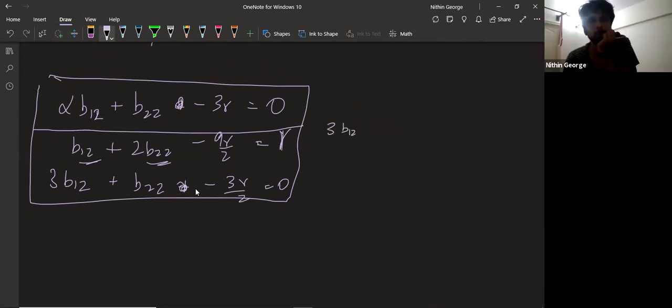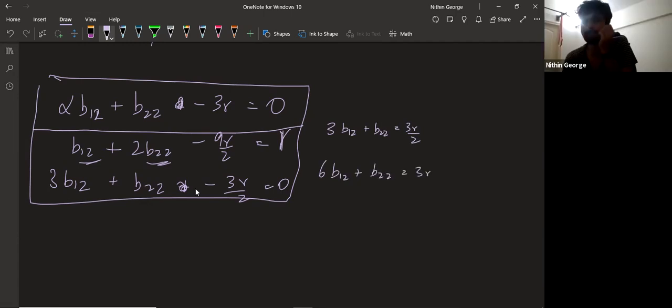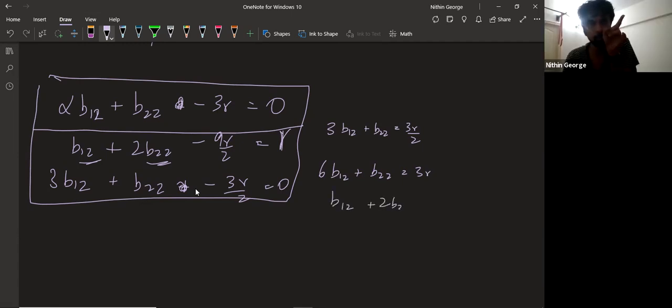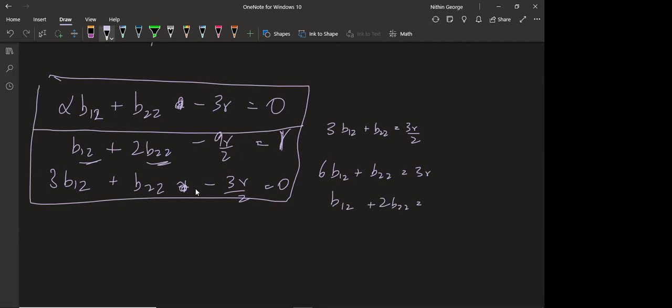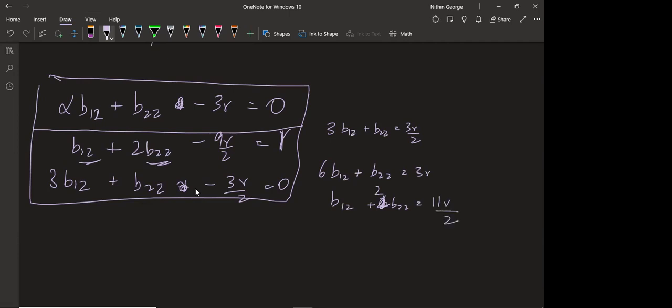Okay, 3B12 plus B22 equal to 3R by 2. Fine. So that is 6B12 plus B22 equal to 3R, just to remove the denominator. And this side, what do I get? I get B12 plus 2B22 equal to 11R by 2. Now, the first equation, I'll multiply with 2 again.